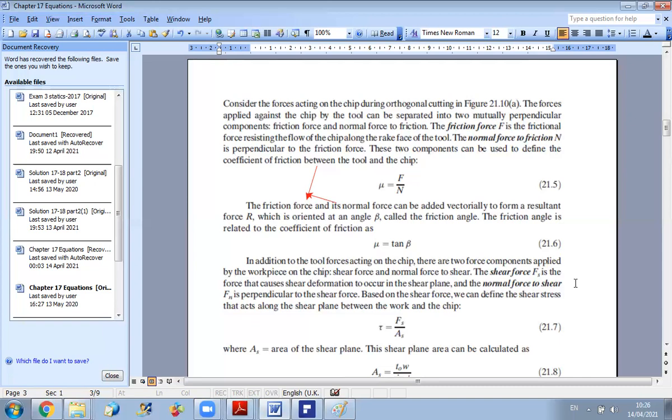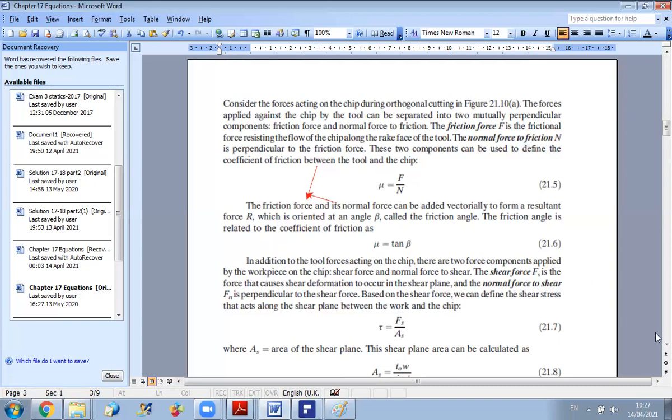So the shear force Fs will be the force that will cause shear deformation, so it will be in the shear plane, while the normal force to shear, Fn, will be perpendicular to the shear force and therefore perpendicular to the shear plane. And based on the shear force, we can define the shear stress, because we know that the shear stress acting along the shear plane that will cause the cutting operation is defined as the shear force over the area of shear.